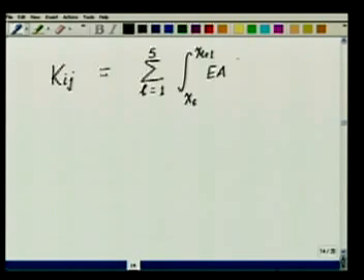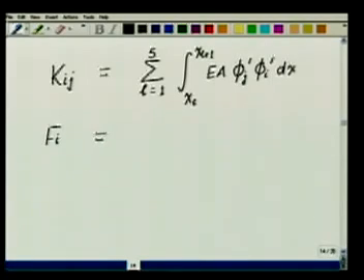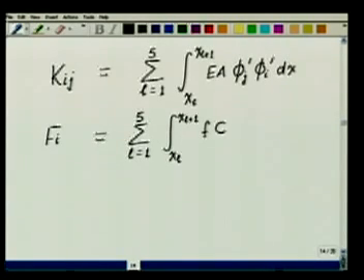Ea is a function of x, we should remember. What is the entry of the load vector F? Fi is equal to the summation from L equal to 1 to 5 of the integral xl to xl plus 1 of f phi I dx plus p phi I evaluated at x equal to L.